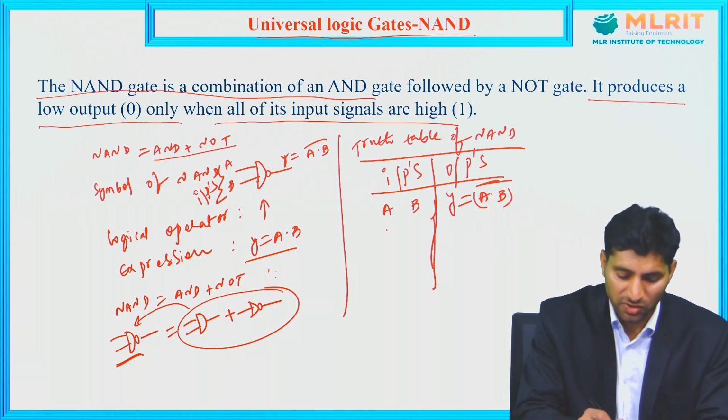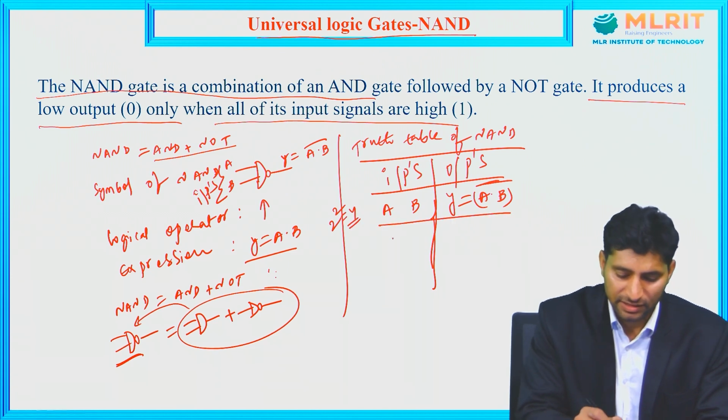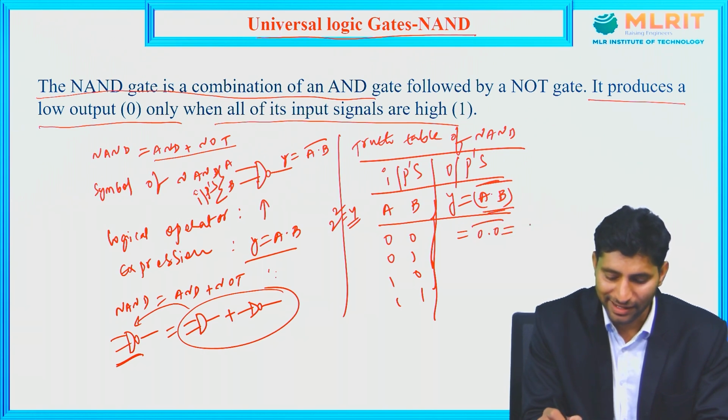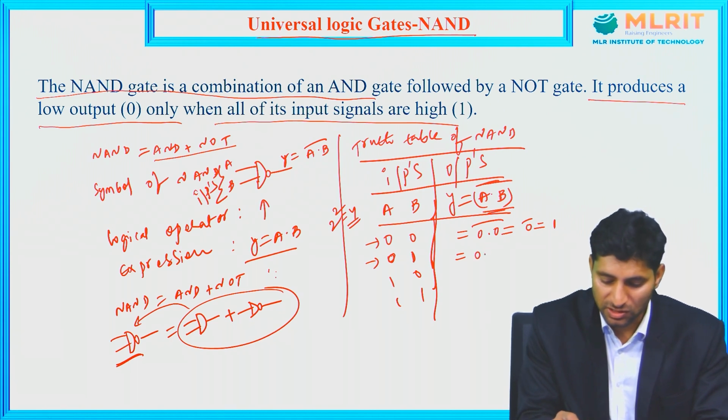With these two inputs, I will have four input possibilities: 0 0, 0 1, 1 0, 1 1. If you substitute 0, 0 for A and B in this expression, 0 dot 0 whole bar is 0 bar, nothing but 1. Then if you substitute the next combination 0 and 1 into the expression A dot B whole bar, 0 dot 1 whole bar is 0 bar, again 1.